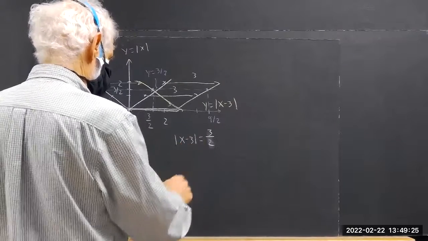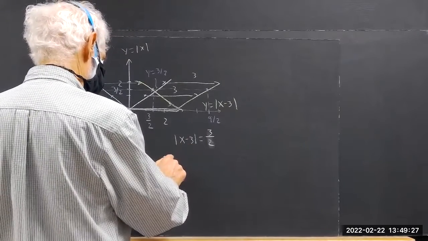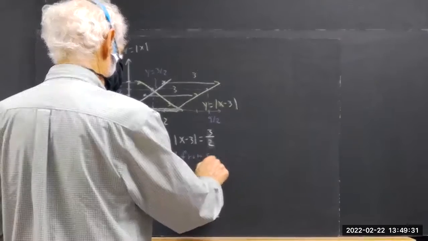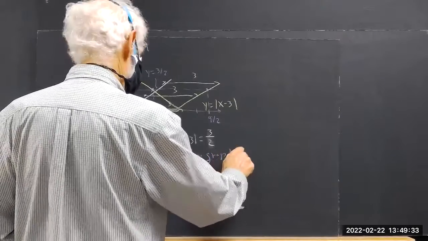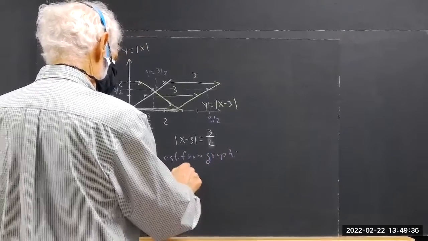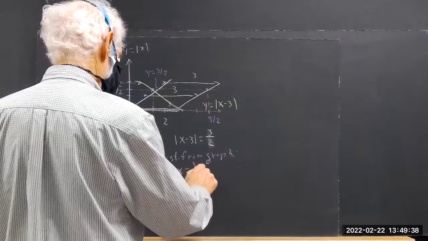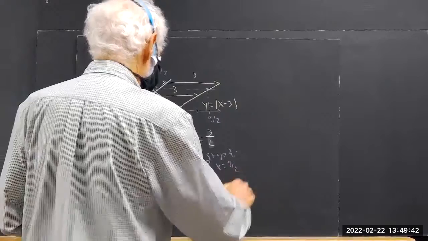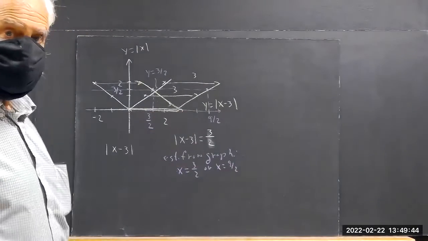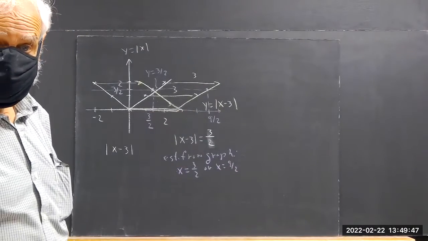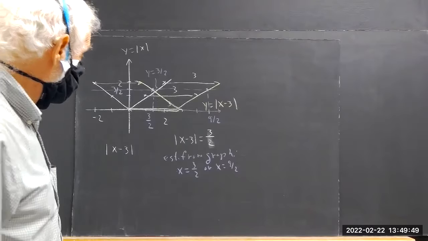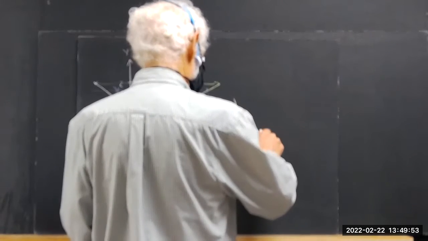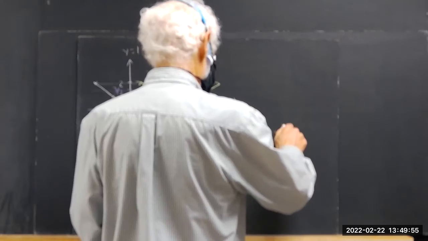So from the graph, it looks like 3/2 and 9/2. Well, we can solve this.